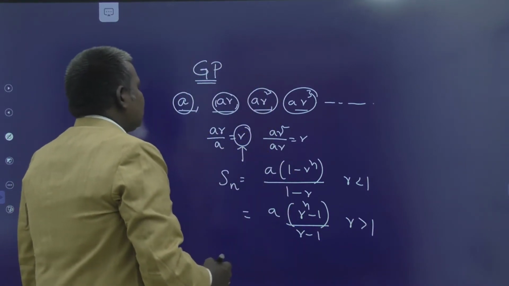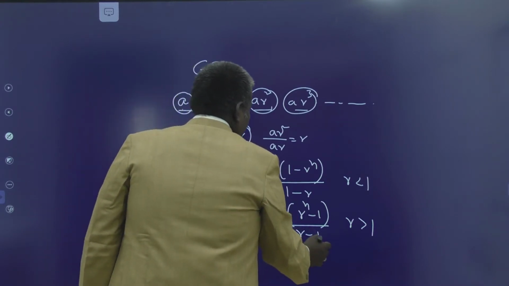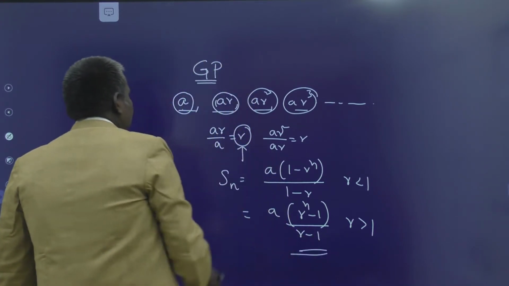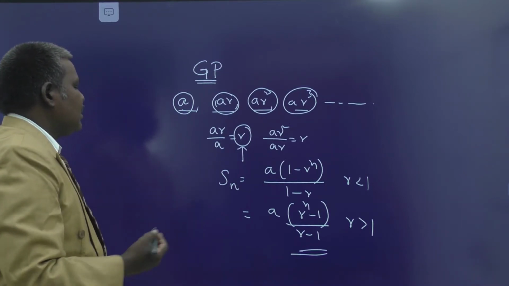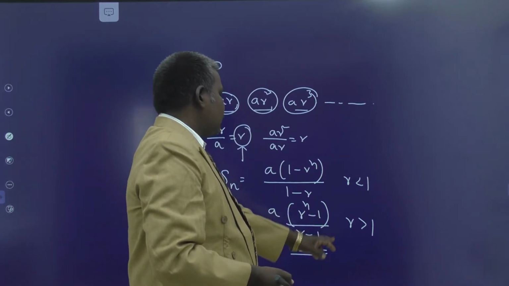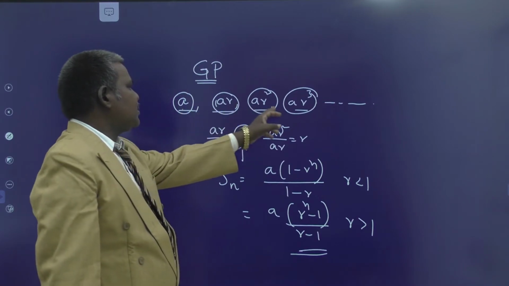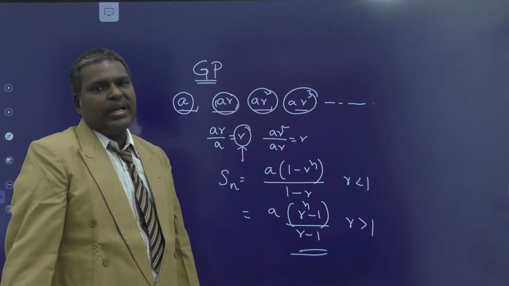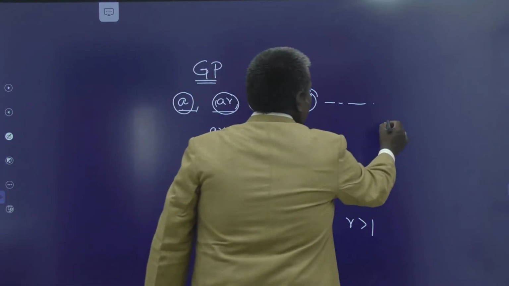For R equal to 1, we have n times A. So the sum is obtained by Sn equals A into 1 minus R power n by 1 minus R for R less than 1, and A into R power n minus 1 by R minus 1 for R greater than 1. If the common ratio is 1, it means A plus A plus A and so on up to n times, and we get nA as the sum.